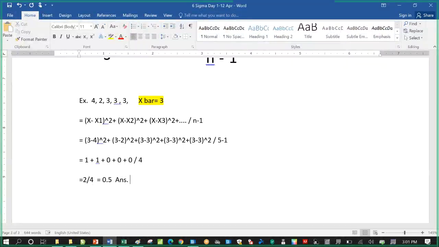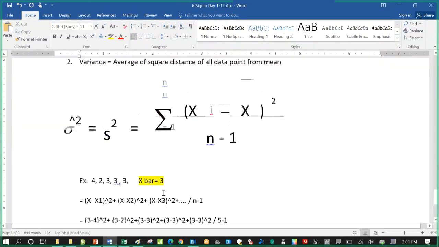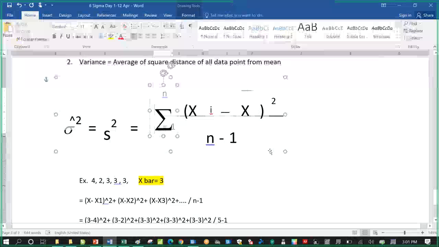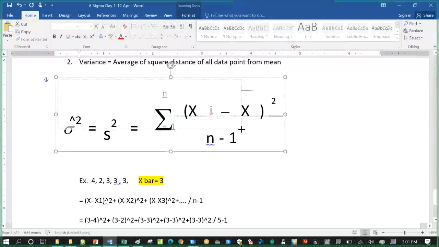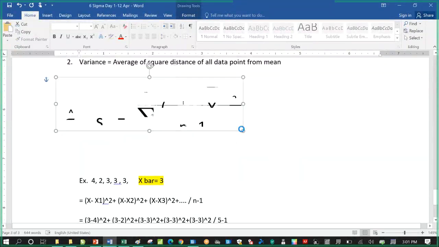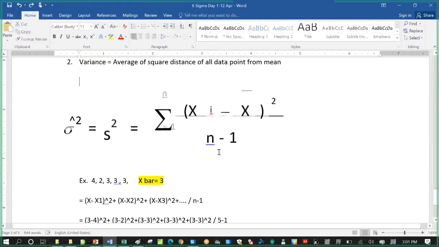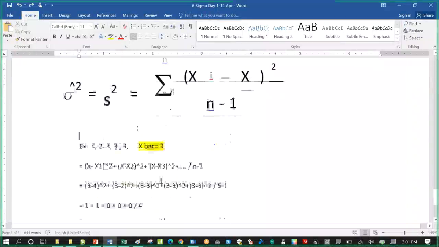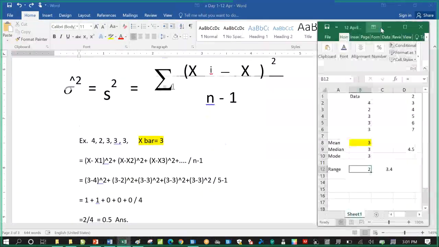Sir, I have a question. Do we need to take the square root? No, this is s square. So the variance is 0.5, and s is the square root of it.